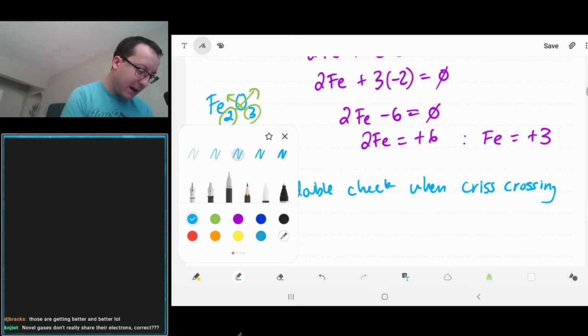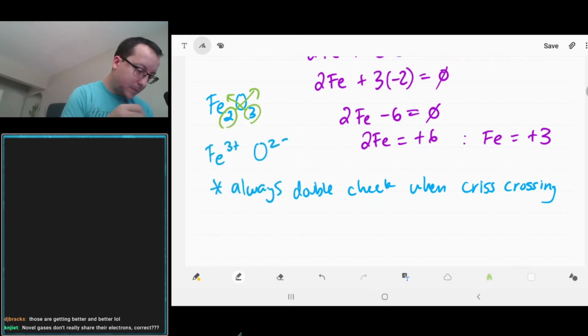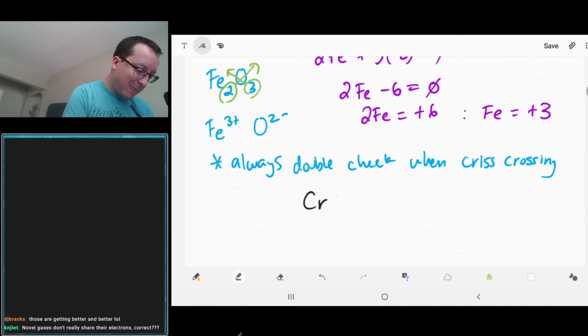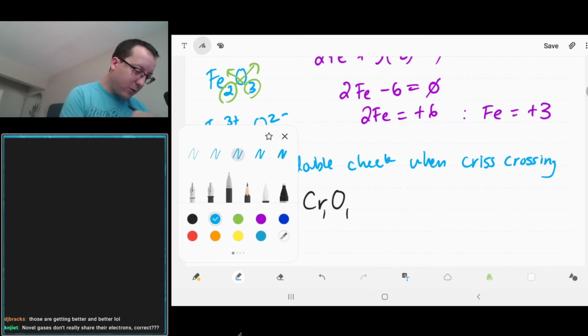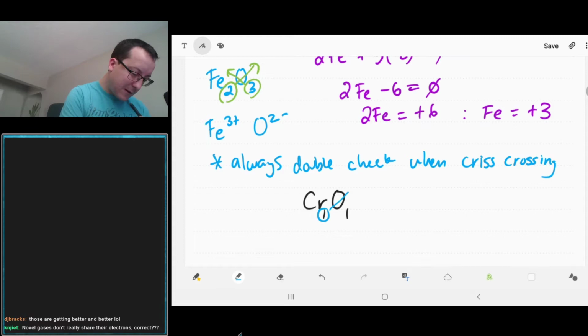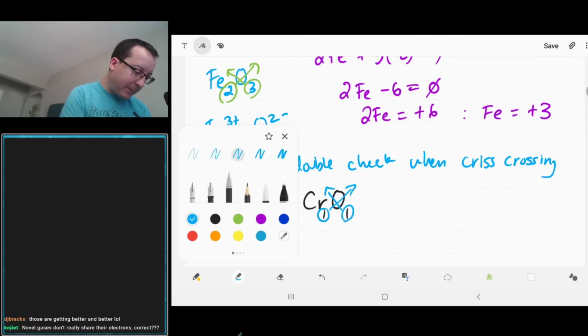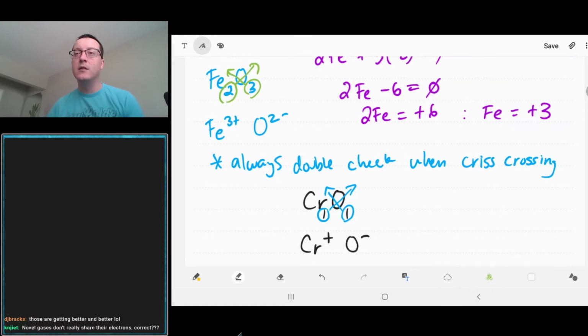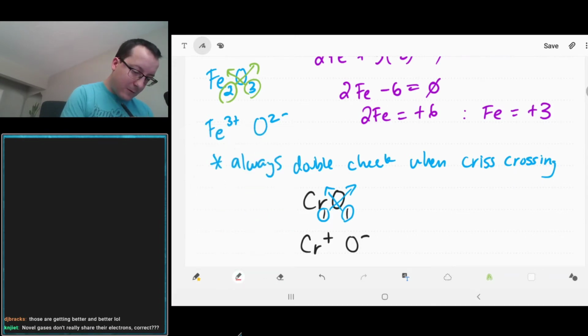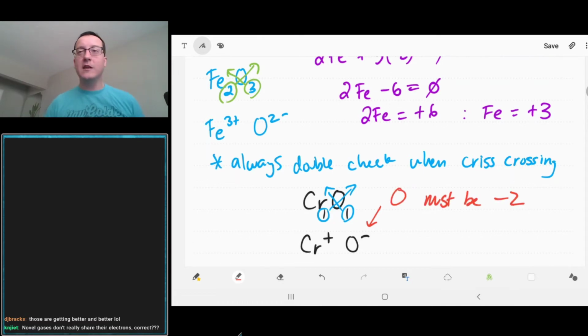Because if we had something like this guy, technically our subscripts are 1 and 1, right? If we were to crisscross, you might be tempted to say, okay, look, we have chromium plus, oxygen minus. One thing to note, oxygen is not going to be -1.